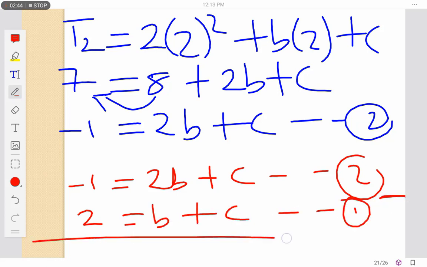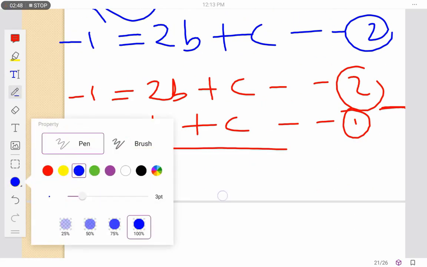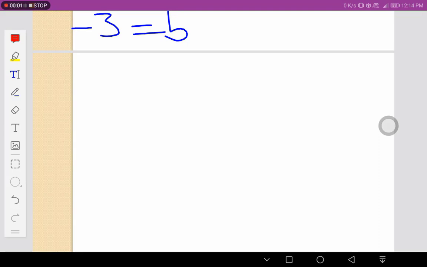Minus 1 minus 2, we get minus 3. 2b minus b, we get b. C minus c, we get 0. So in other words, our b value is minus 3.